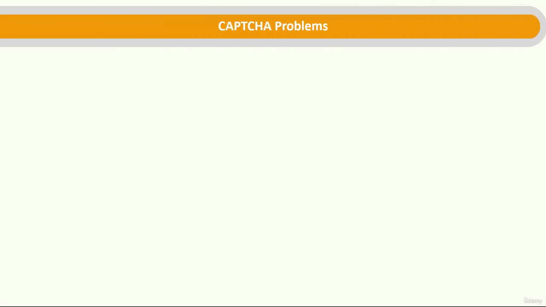CAPTCHA problems. CAPTCHA stands for Completely Automated Public Turing test to tell Computers and Humans Apart. Bet you didn't know that, did you? Basically, it's implemented to distinguish users from any entity that makes automated requests.